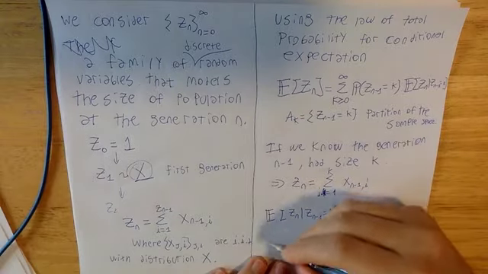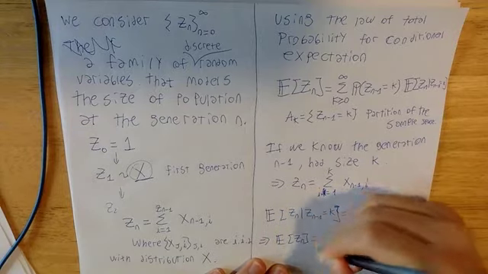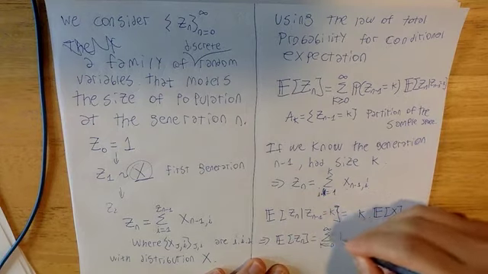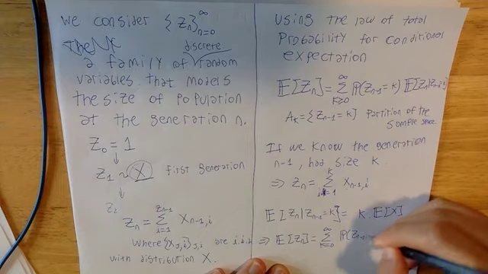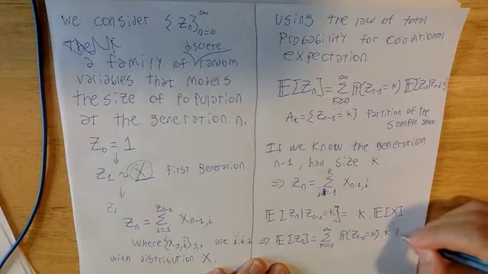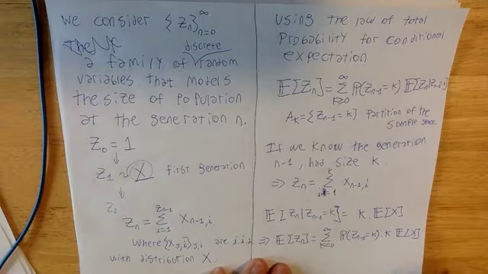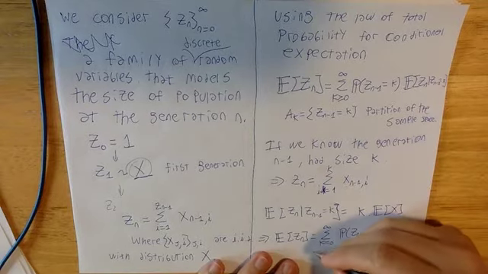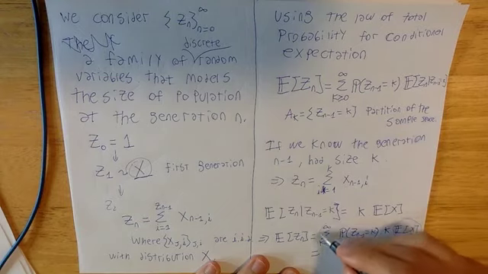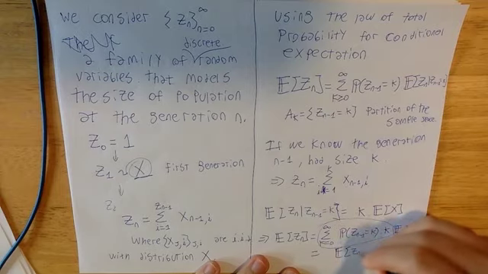So then the expectation of zeta n is equal to the sum k equals 0 up to infinity of the probability that zeta n minus 1 is equal to k times the expectation of X. This is a constant that does not depend on k, and this sum over k is just the expectation of zeta n minus 1.